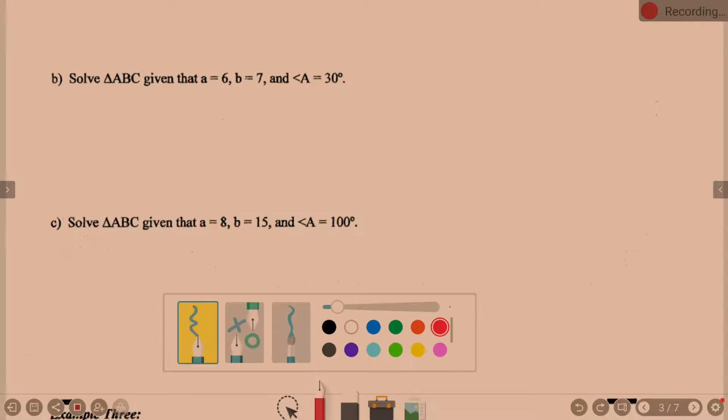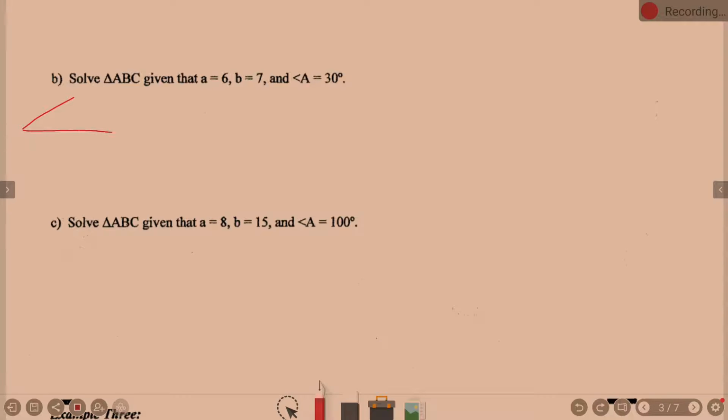Okay, so traditional triangle right here. With that triangle, they gave me A. I'm going to put A over here again as 30 degrees. The side opposite A is 6.